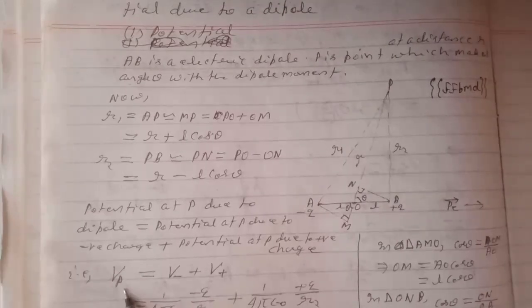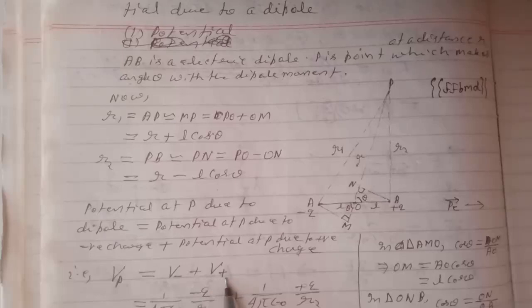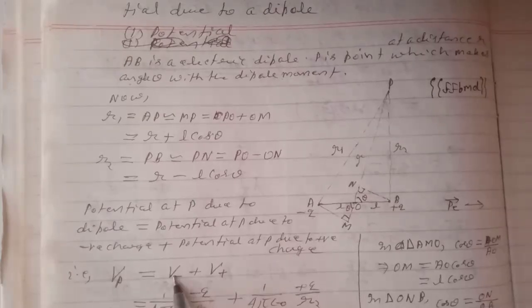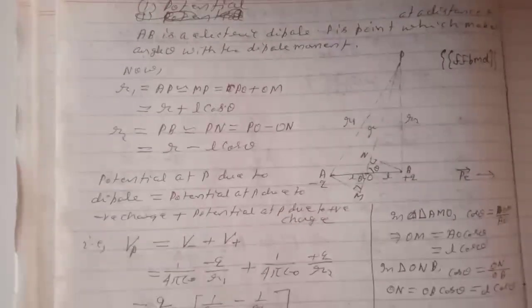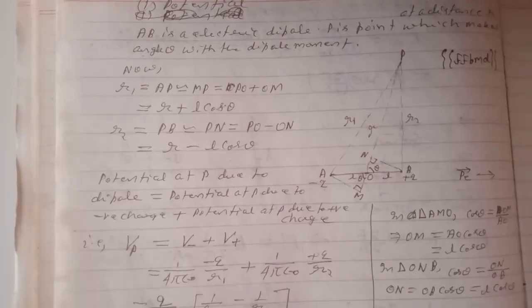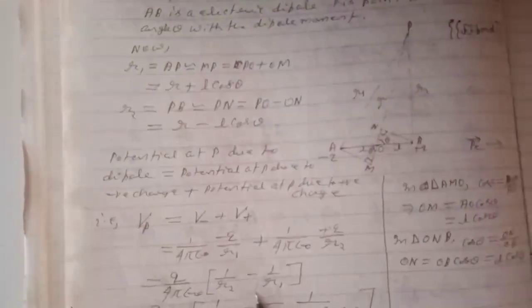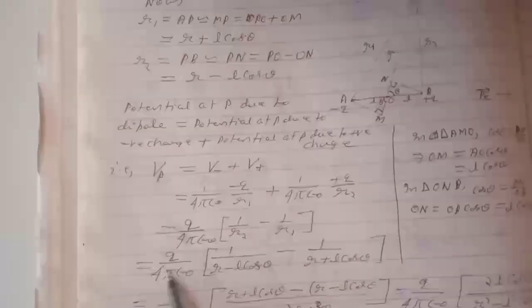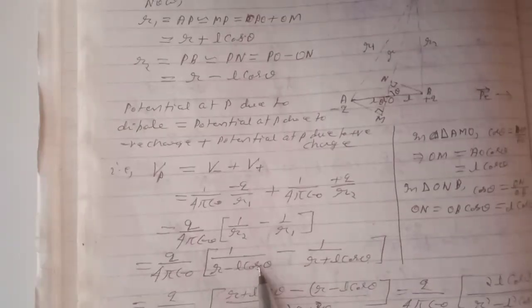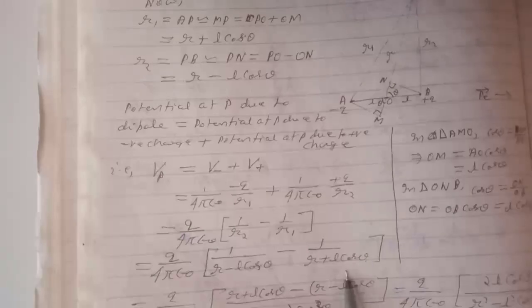Hence Vp equals V minus plus V plus, which equals 1 by 4 pi epsilon naught times minus q by r1 plus 1 by 4 pi epsilon naught times plus q by r2, or q by 4 pi epsilon naught times the bracket 1 by r2 minus 1 by r1. Now putting the values for r2 and r1, q by 4 pi epsilon naught times 1 by (r minus l cos theta) minus 1 by (r plus l cos theta).